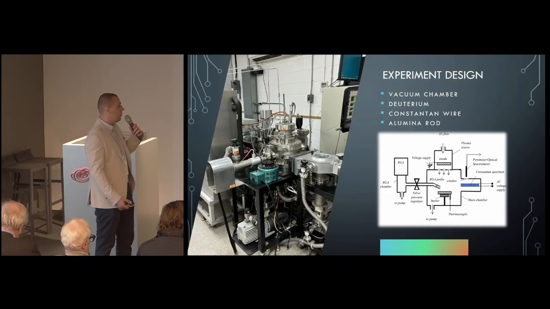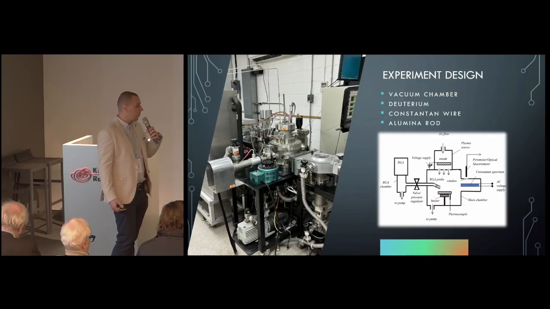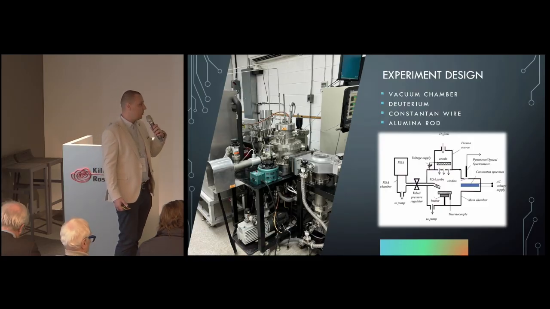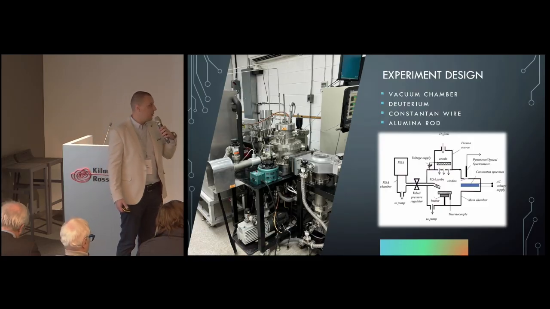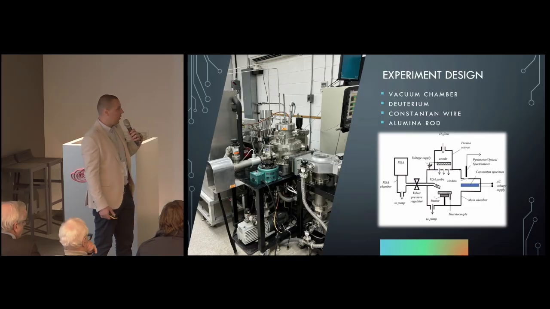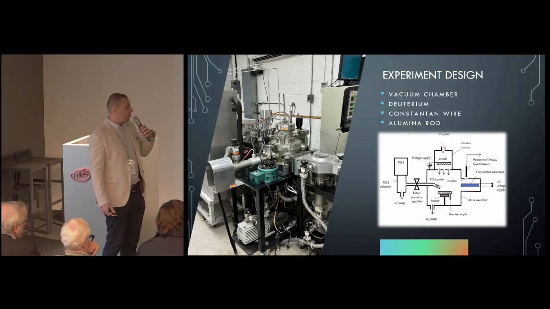We use pure deuterium, 99.95% purity, and an aluminum rod roughly 1 centimeter in diameter, and 1 meter of the constantan wire with a diameter of 0.3 millimeters.